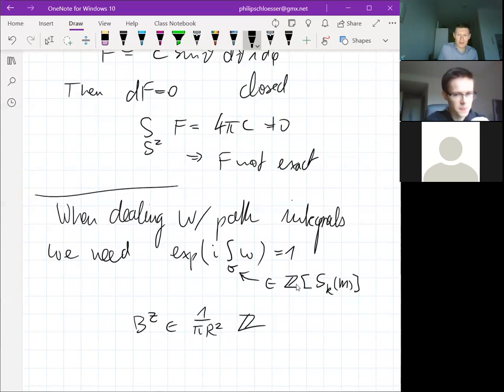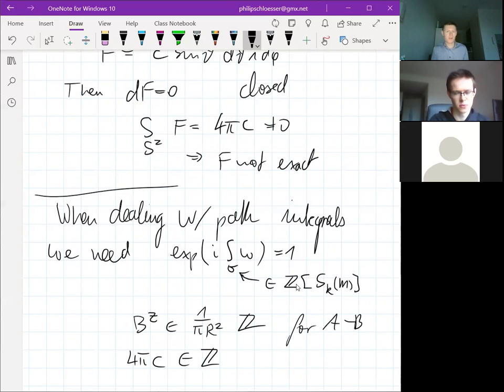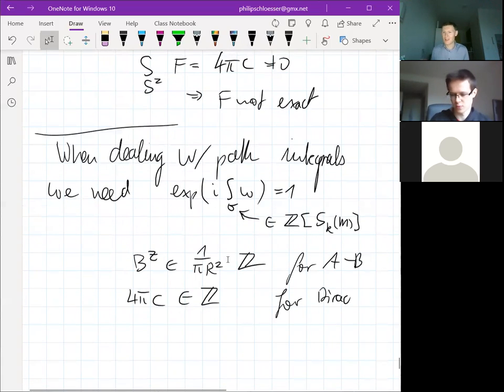And for Aharonov-Bohm and for the Dirac monopole, we have 4 pi times C, which is supposed to be an integer. At least I think that was it. Anyway, we get some form of quantization for the charges, which is in itself a non-trivial thing. And I guess that was all I had to say.